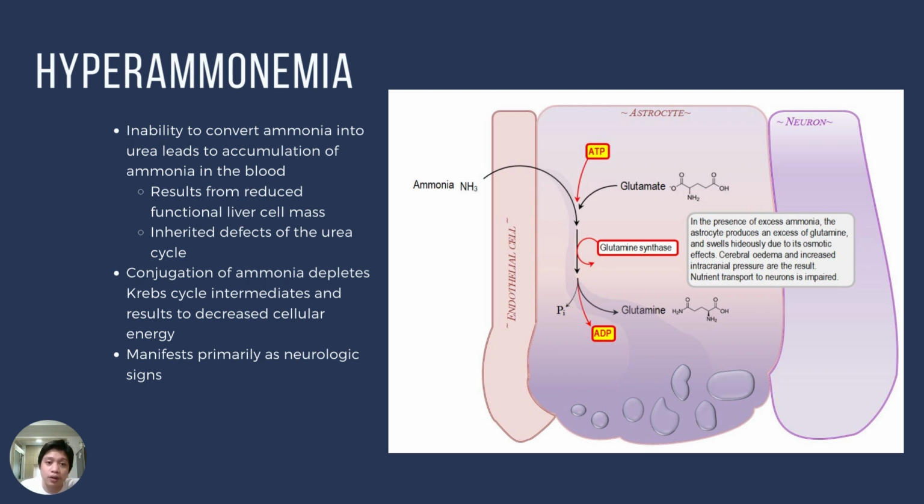So ammonia in the blood will pass through the endothelial cell and stay in the astrocyte. That ammonia, NH3, will then take up a molecule of alpha-ketoglutarate, which again, if you will remember, is an intermediate in the Krebs cycle. Ammonia combines with alpha-ketoglutarate to form glutamate, which is an amino acid, and glutamate again conjugates another molecule of ammonia through glutamine synthase and forms the amino acid glutamine.